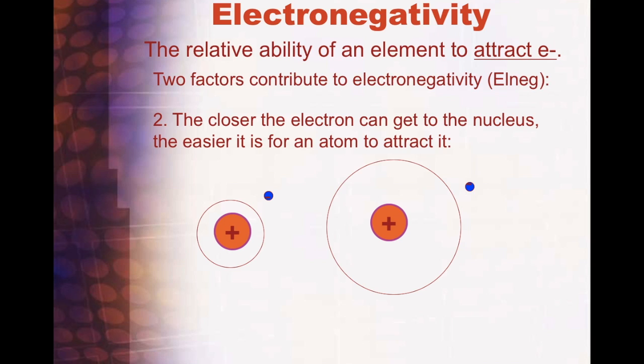Now, if the valence shell is a small shell close to the nucleus, that negatively charged electron can get close to the nucleus. It feels a stronger attraction, and is more likely to be grabbed onto by the nucleus and incorporated into the atom than if we have a larger valence shell that's further away.